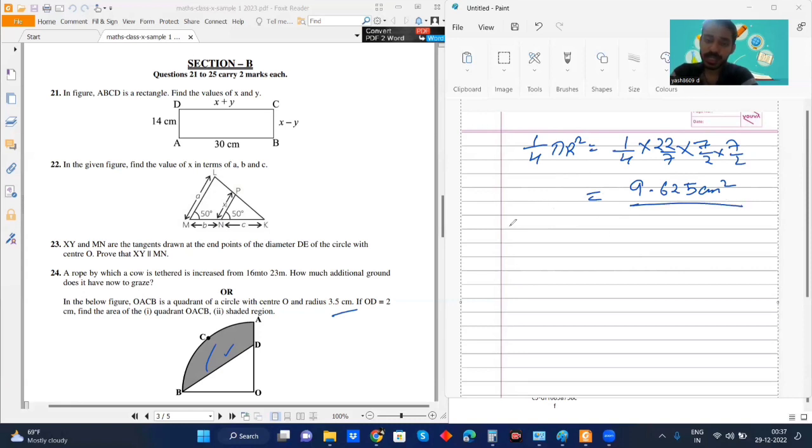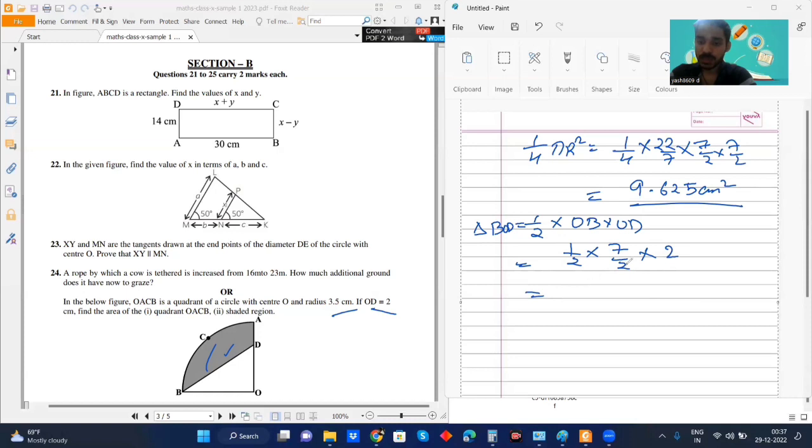Second thing, you have to find the area of the shaded region. So I have to subtract the area of the triangle from the quadrant. So area of the triangle BOD will be half into OB into OD. So half into OB, which is the radius itself, 7 by 2, and OD is given 2 centimeters.